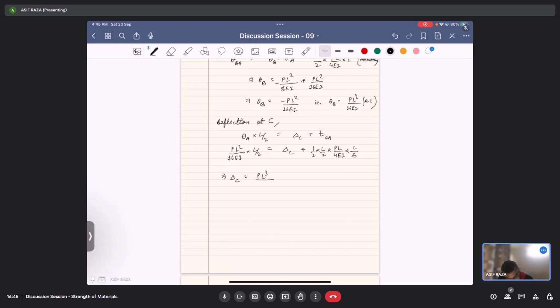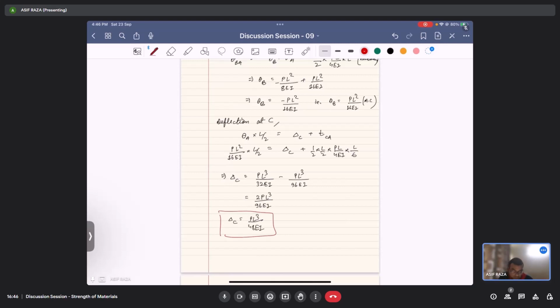PL cube by 32 EI minus PL cube by 96 EI, so this would be equal to 3 minus 2 upon 96 EI, that is, it will be equal to PL cube by 48 EI.